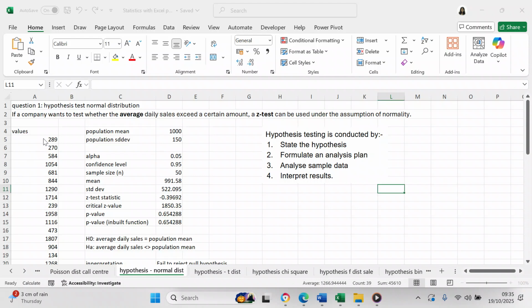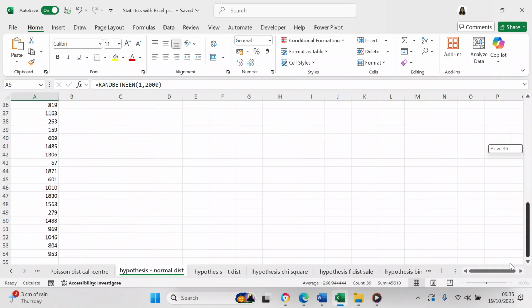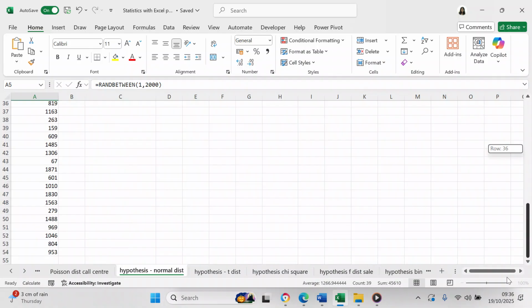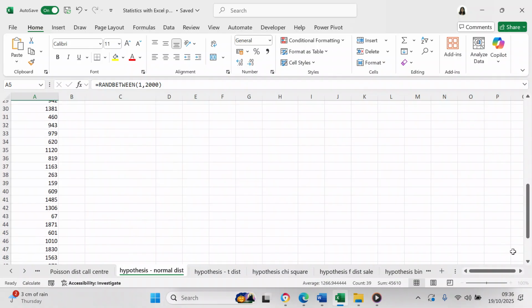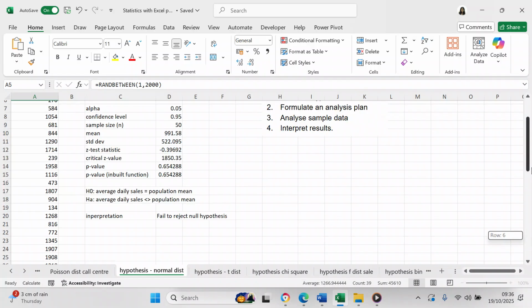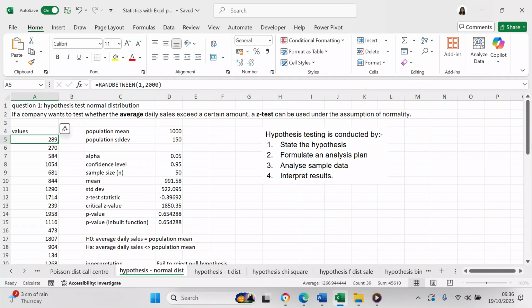So we've got these values, which are random numbers between 1 and 2,000, and you have 50 elements, 50 samples. Your population mean is going to be 1,000.